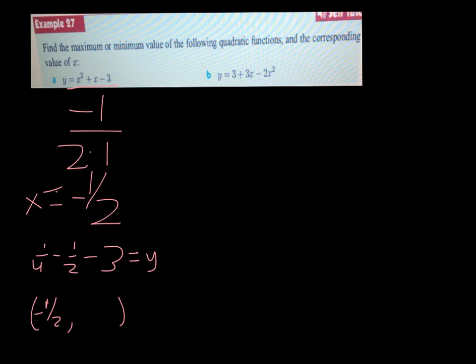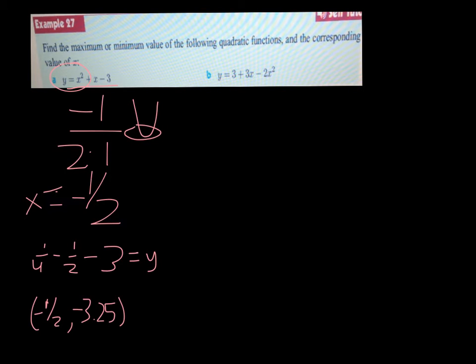And I don't have a calculator handy, so let's see if we can do this. 1/4 minus 1/2 would be negative 1/4 minus 3, so negative 3.25. And hopefully I did that right, and if not, you can check it later. So this would be a minimum, because we know that our a value up here is positive, which means we have a quadratic like that, which means our vertex is on the bottom, which means it's a minimum.